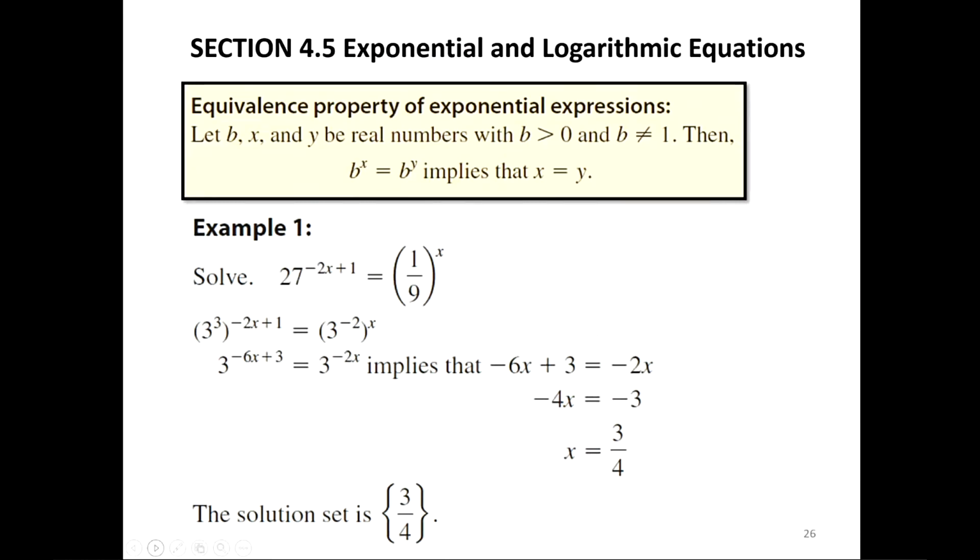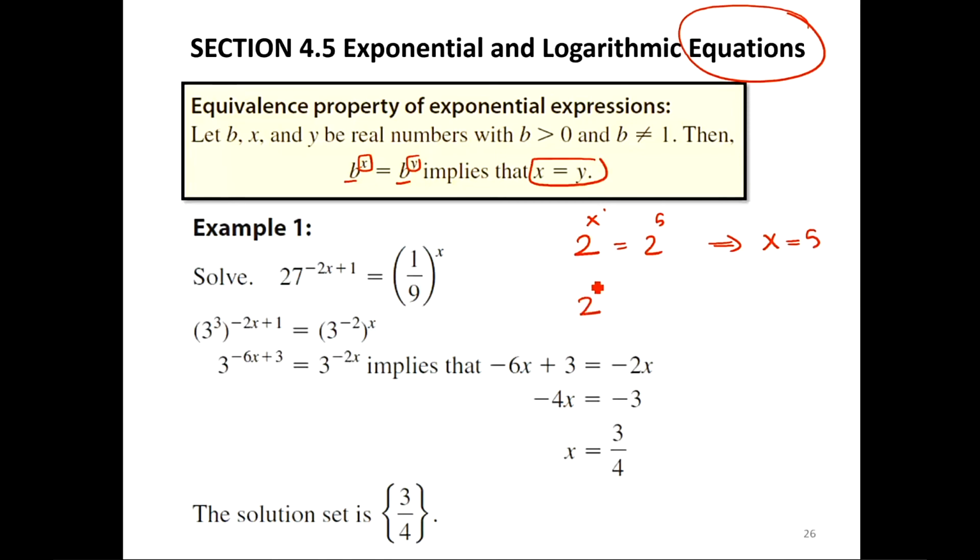Now, about exponential equations, if we have the same base, then the exponents must be equal. For example, if we have 2 to the power x equal 2 to the power 5, so x must equal what? 5. Okay. Or 2 to the power 3x minus 1 equal 2 to the power 5.